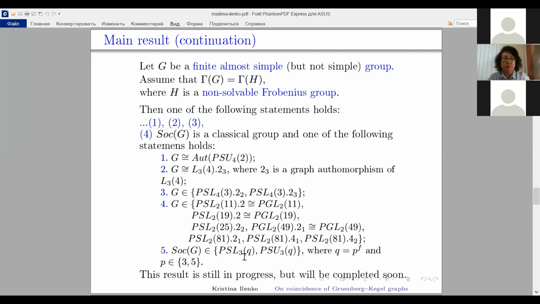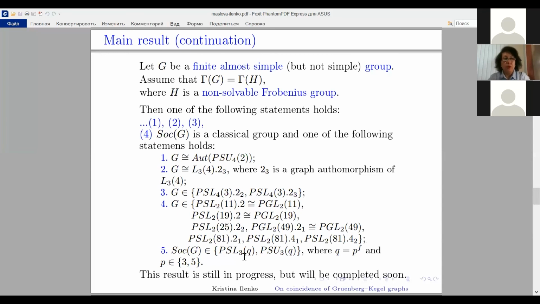Here, in the case PSL2(q), there is very hardcore number theory. For the cases PSL3(q) and PSU3(q), there are other complicated moments connected with group theory, but PSL2(q) is very complicated in the sense of number theory.